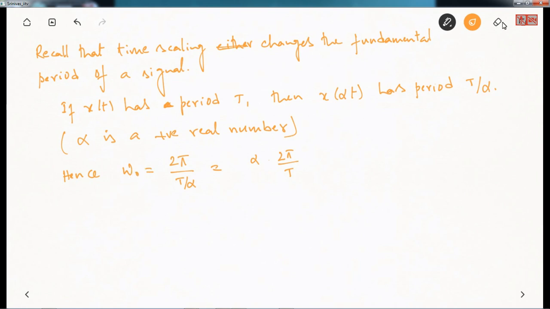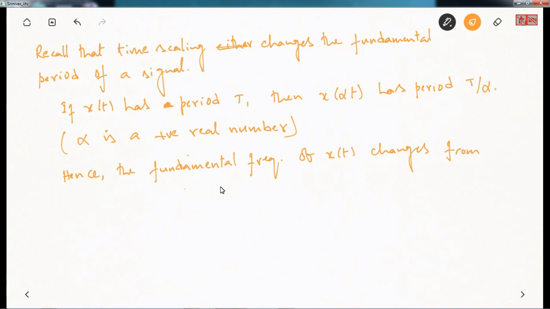Okay, so let me write this a little differently. Hence, the fundamental frequency of x of t changes from omega naught to alpha omega naught.